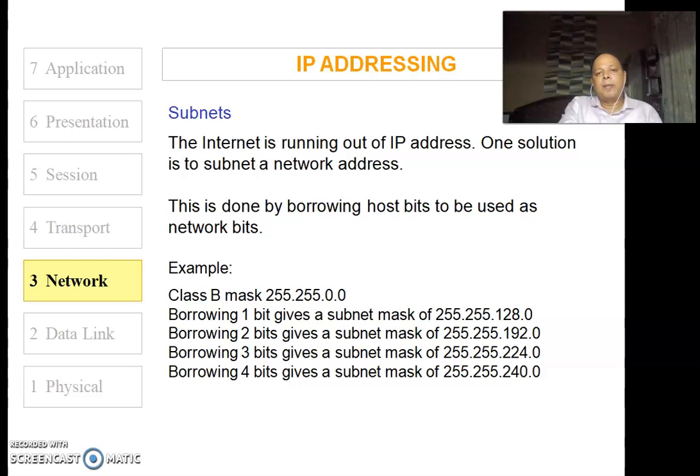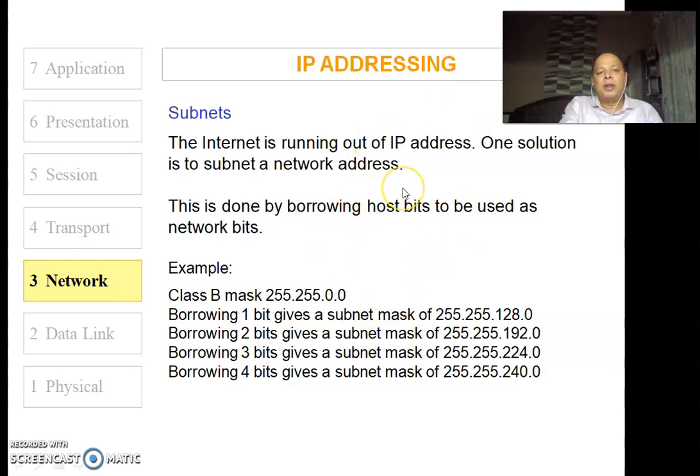But even with that, the internet is running out of IP addresses because it is spreading into every nook and corner of the globe. So if you want to get around the exhausting number of IP addresses, one can use a solution called subnets. And subnets are one solution for giving network addresses.